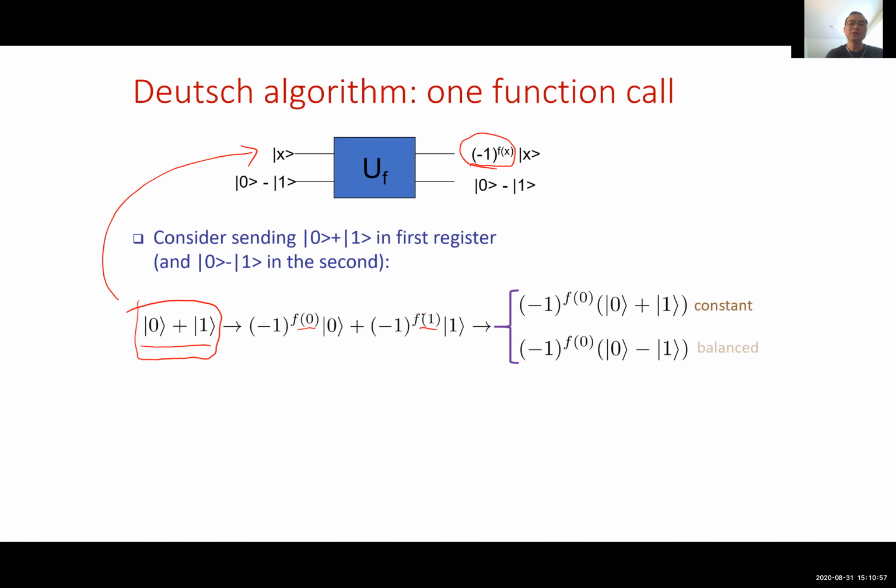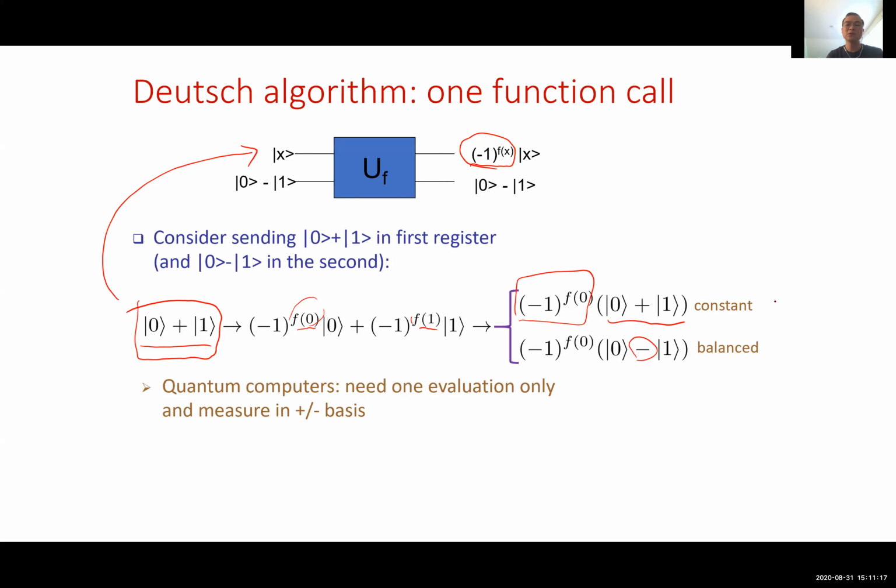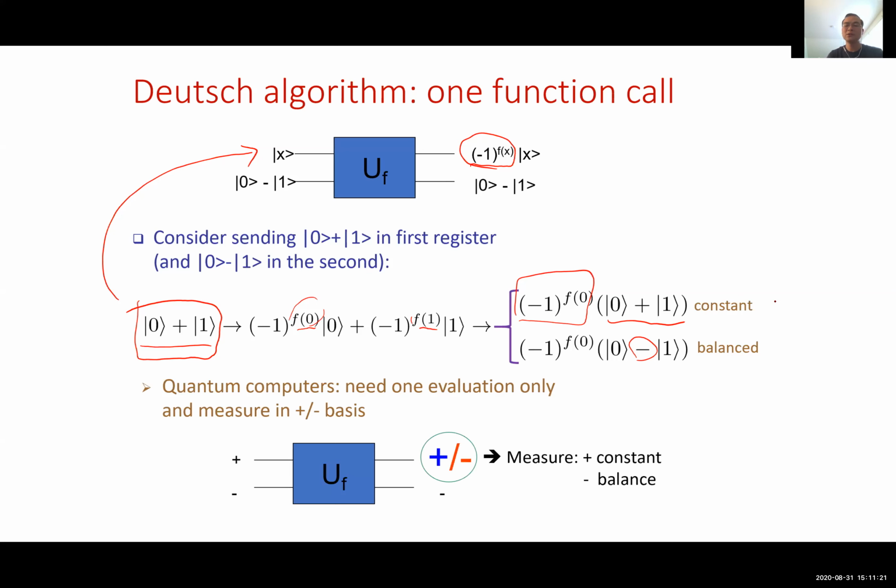If it's constant, they're all the same, up to a constant factor, so it has a plus sign. If it's balanced, the two function values are different, therefore there's a minus sign. This is the way to distinguish the two cases. So you just need to measure in the plus and minus basis, then you know whether it's constant or balanced. Okay.